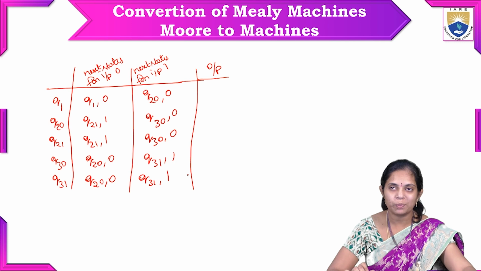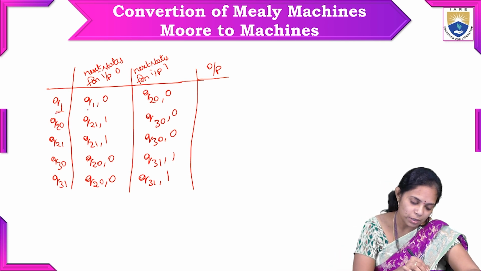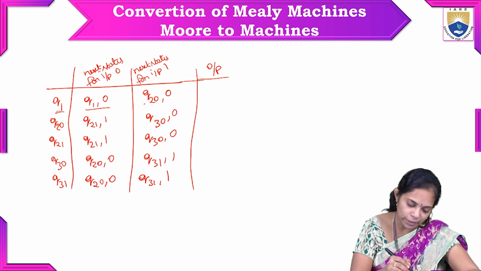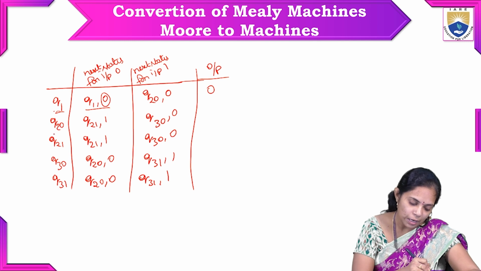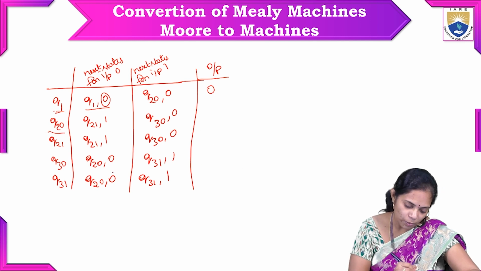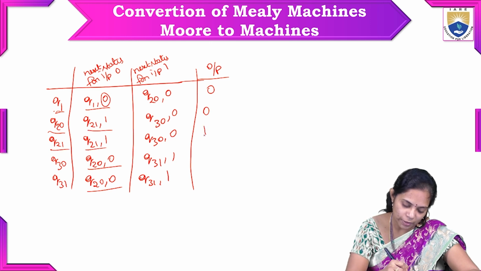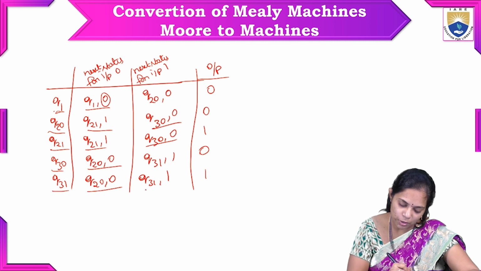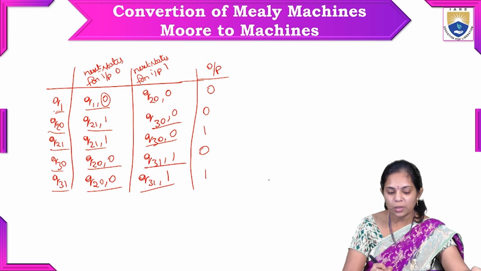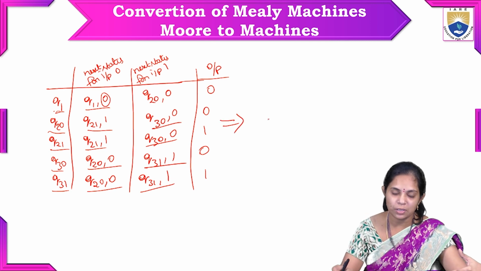Let's find the outputs for every state. Q1 has only one output, so we write the same output for Q1. For Q2 0, every time it has 0 output, so we write 0. For Q2 1, it has 1, so we write 1. For Q3 0, it has 0 output, and for Q3 1, it has 1 output. We write these.